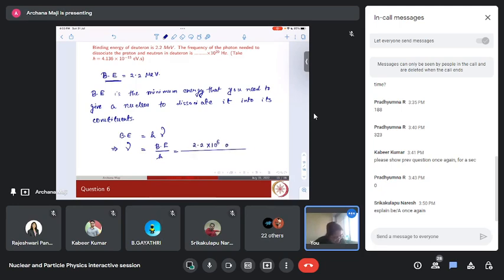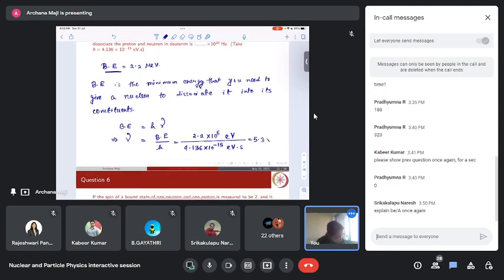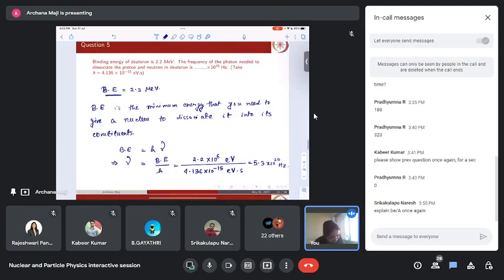Let us convert it to electron volt since h is given in units of electron volt times second. So this answer comes out to be 5.3 into 10 to the power 20 Hertz. Okay, so the answer is 5.3. Fine.